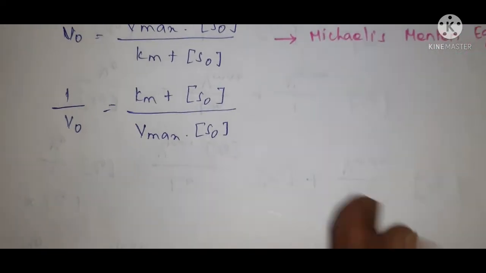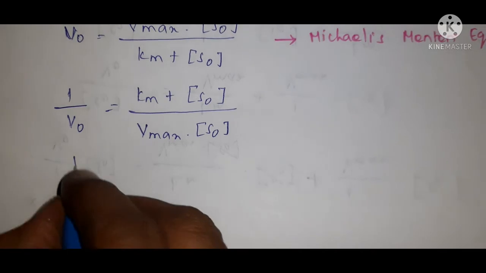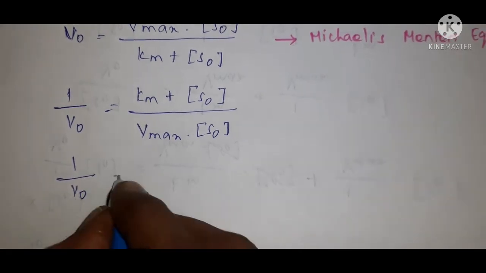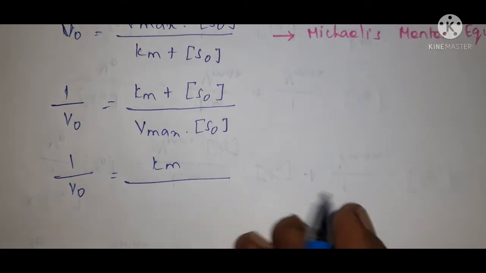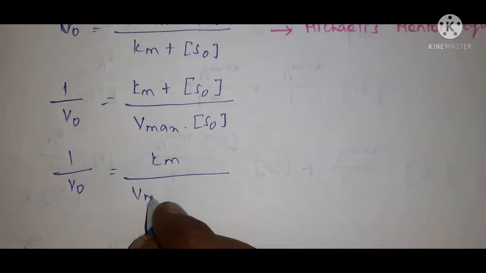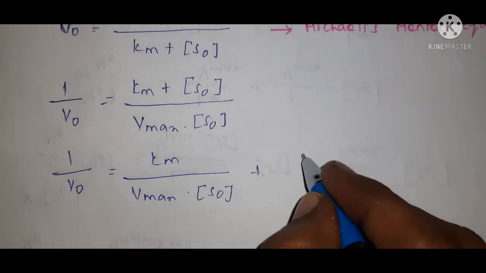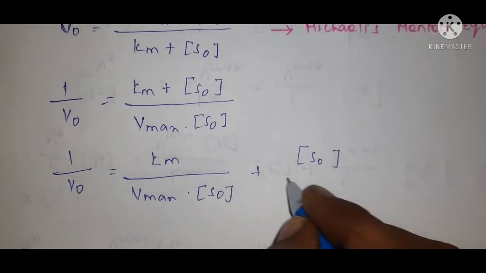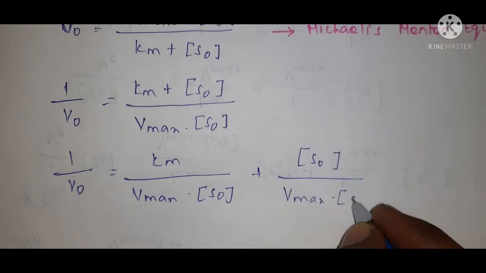Next, you just separate the components of the numerator on the right hand side. That is 1 divided by V naught is equal to Km divided by V max into S naught plus S naught divided by V max into S naught.